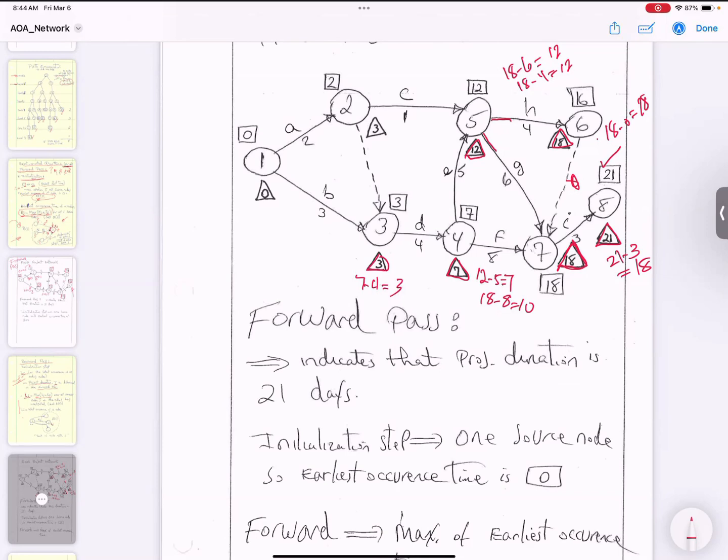After node number 3, you go to node number 2. For node number 2, it is basically 12 minus 1 is equal to 11, and 3 minus 0 is equal to 3. So you put 3 over here. After node number 2, you go to node number 1, and basically it is 3 minus 3, it is 0. So you put 0 over here. That's a minimum. So that's how you do the backward pass.